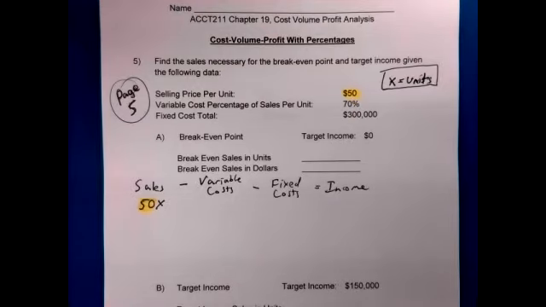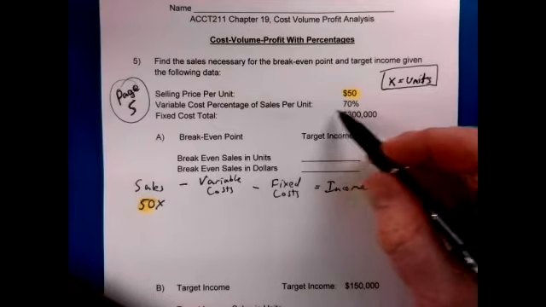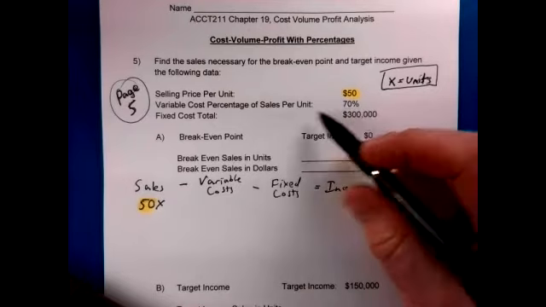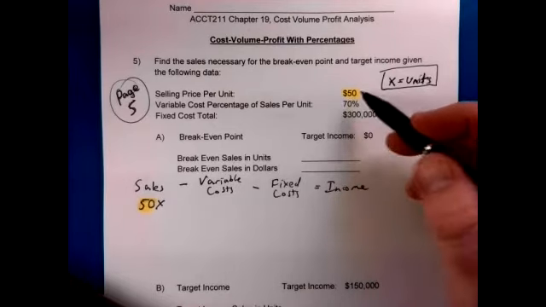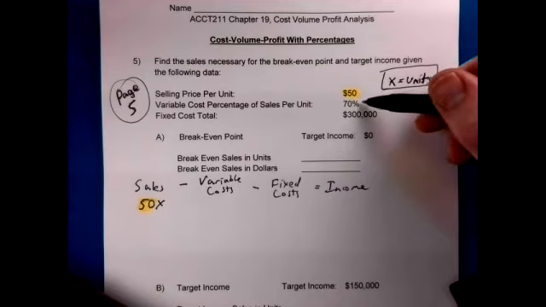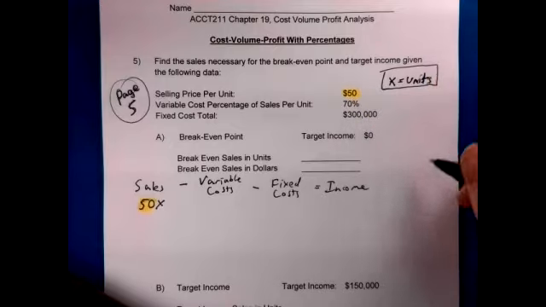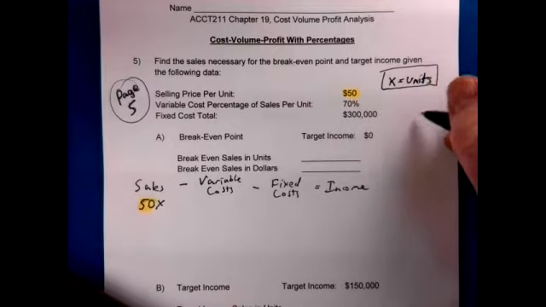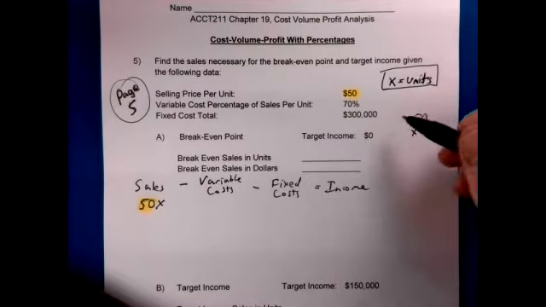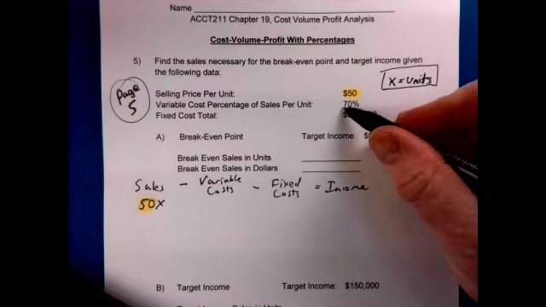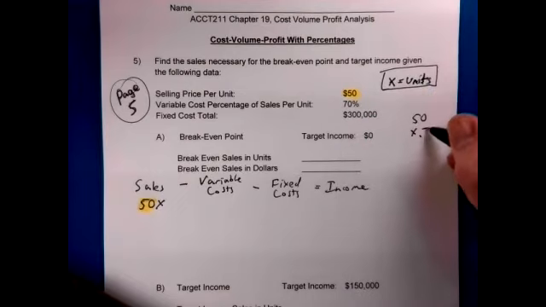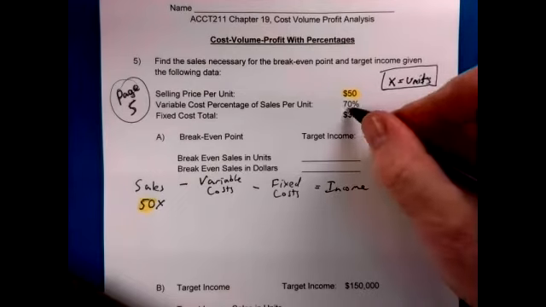That was a little bit trickier: the variable cost per unit is 70% of the sale price. What we can do is take 70% of the 50, and that'll tell us the variable cost per unit. So we'll take $50 times 70%, which moved over two decimals is 0.70.